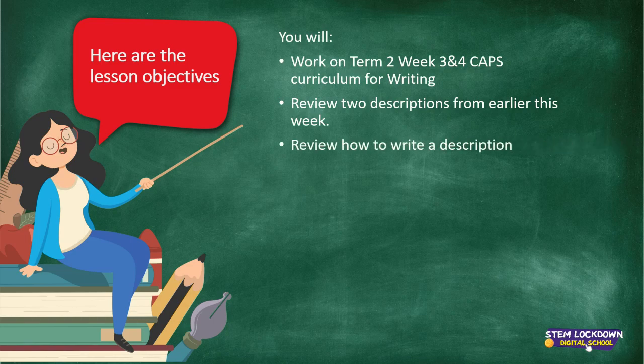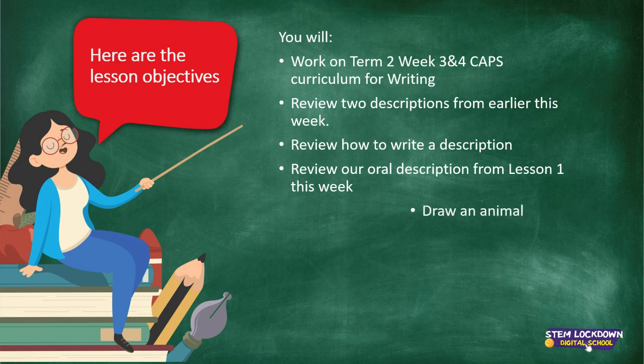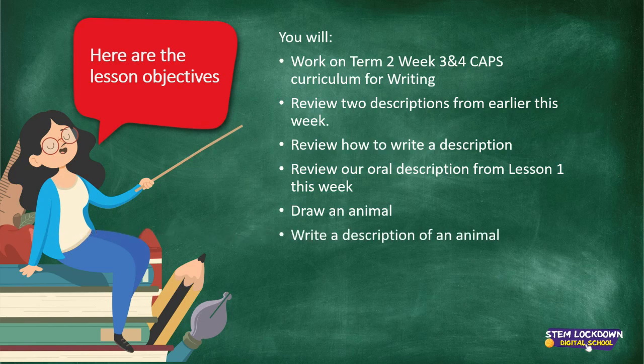After that, we'll review how to write a description. You did one orally earlier in the week. Today, you'll be writing it. We'll also review that oral description that you hopefully did in lesson 1 this week. And we'll get to draw our animal. We didn't have time to do that the other day.